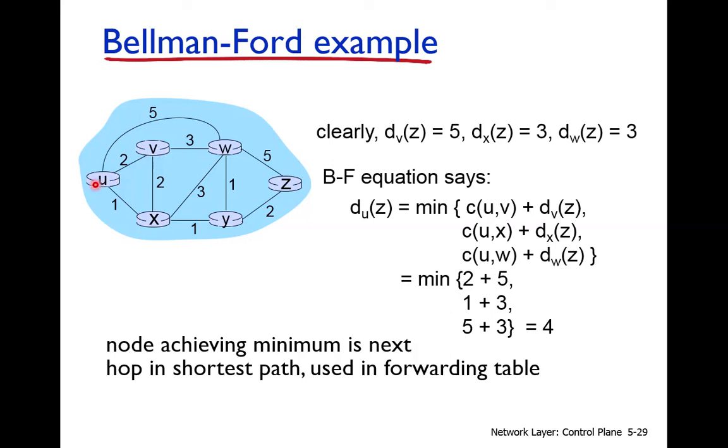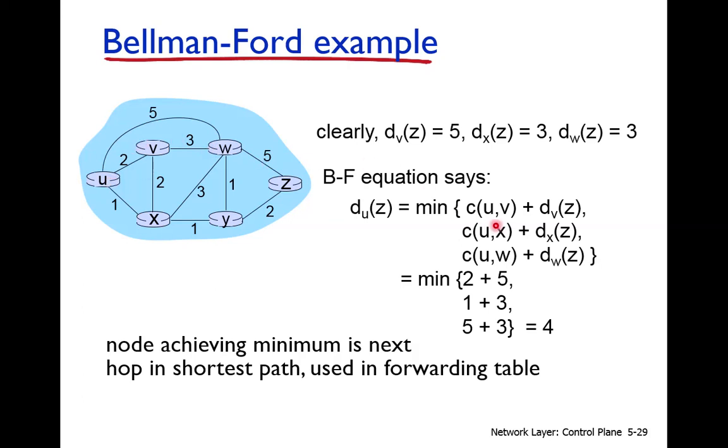So u will receive the complete table from v, from x, and from w. When u receives the complete tables from v, from x, from w, then it will update its information.